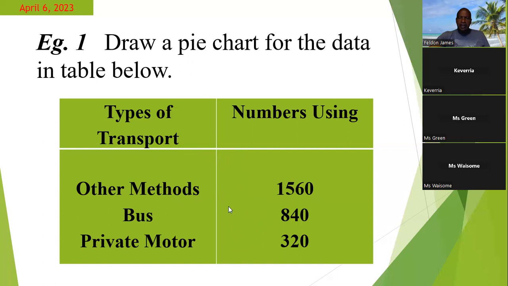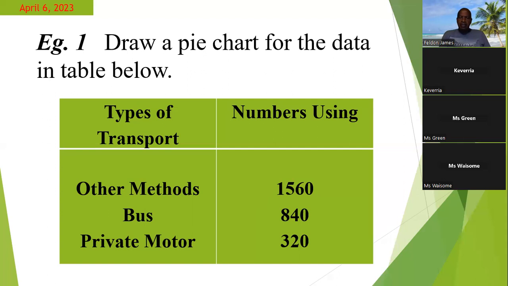And we say that the pie chart is circular. And so we would like to draw a circle. And for this purpose in math, we are not just going to use a pencil to sketch a circle, but rather we have to use a compass so that we can get a perfect circle.